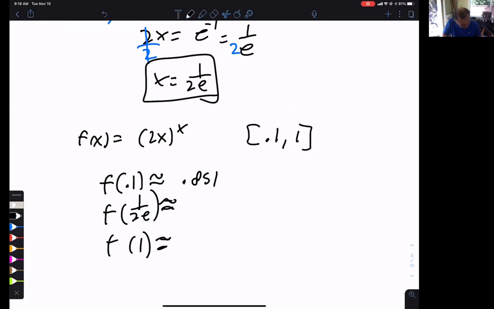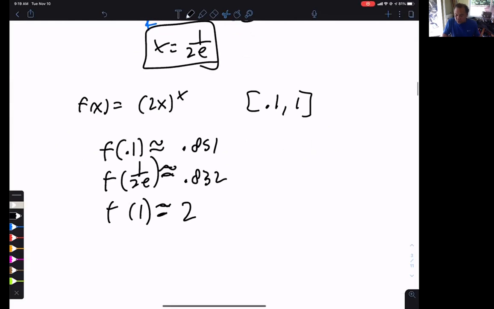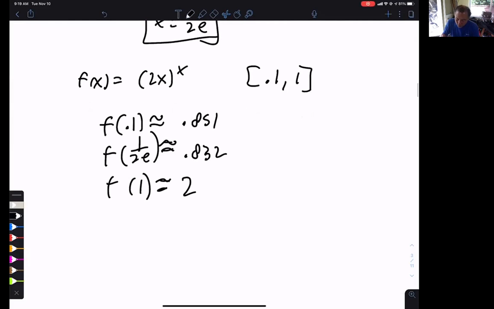At 1 over 2e, it's approximately 0.832. And at 1, it's just 2. So what is the maximum value? Clearly, there's the max. What's the minimum value? That is the minimum value.